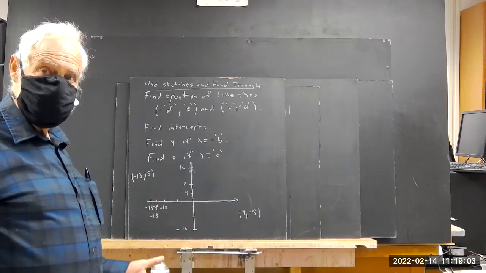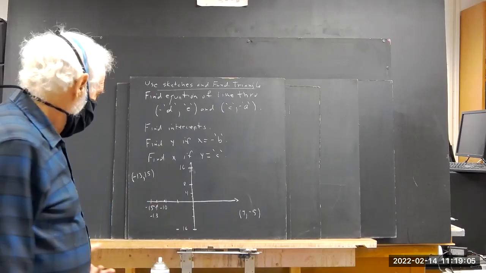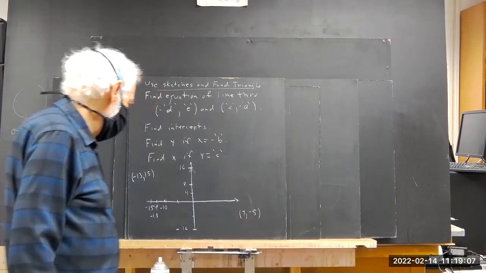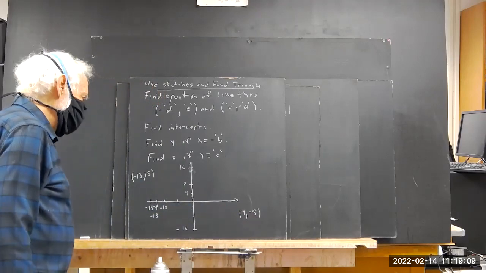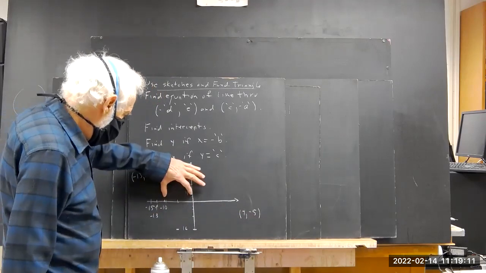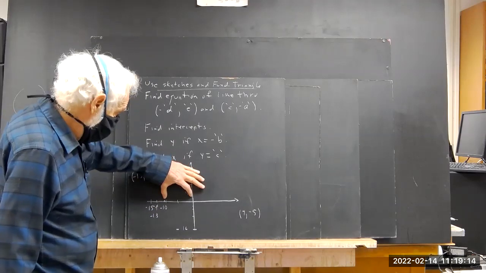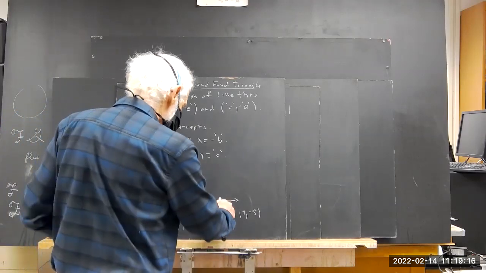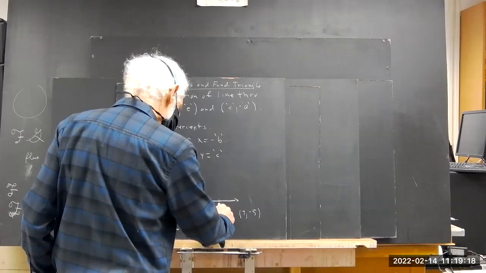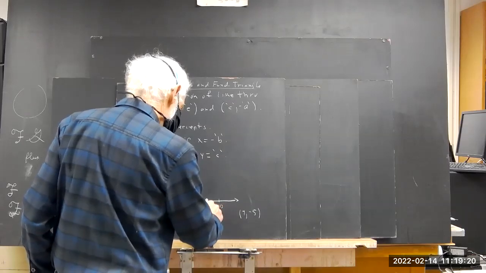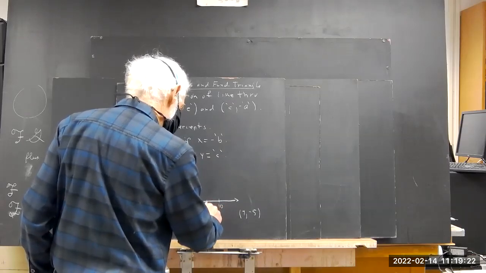You also think about how to scale your graph. Now, where's 7, -5? Well, if this is 10, 10 ought to go about here. So 5 would go about here.